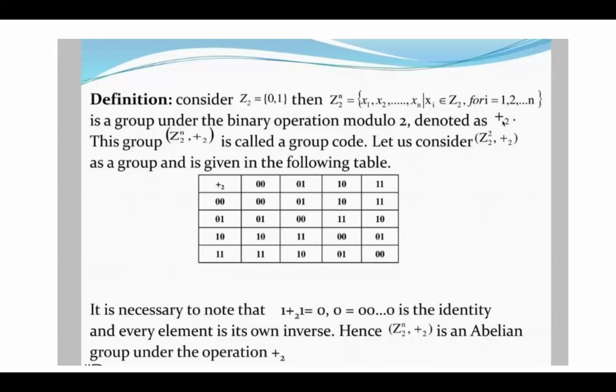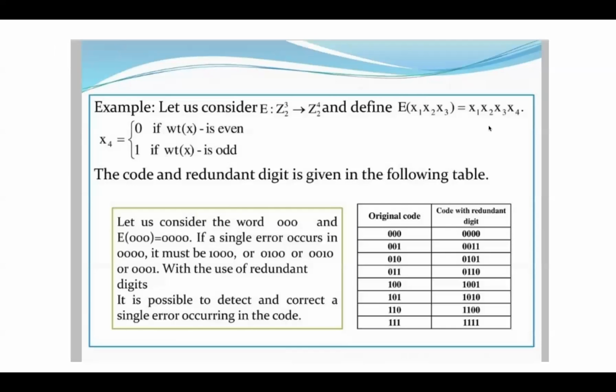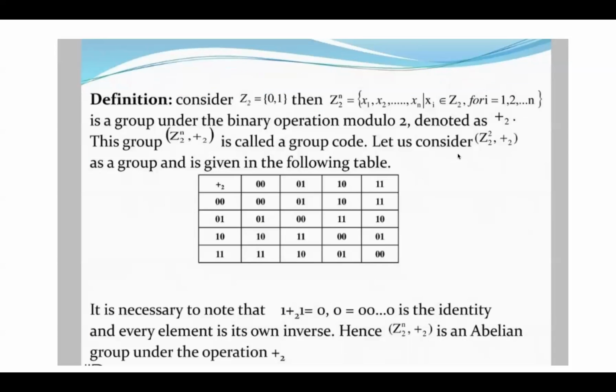Modulo 2 is here plus binary. We will say it is a binary addition. Do you know how binary addition is done? In digital techniques in first year, you may have seen. Do you know binary addition? Yes.